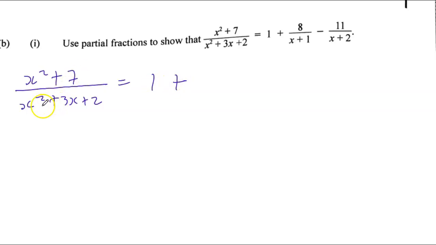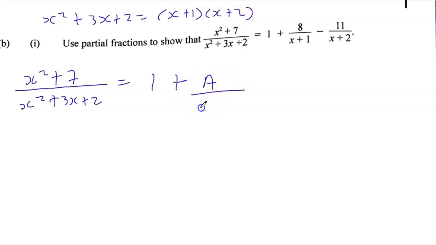If you factorize x squared plus 3x plus 2, it's x plus 1 times x plus 2. So these will be our denominators, so let me put a over x plus 1 plus b over x plus 2. Our job is now to show that the value of a is 8 and the value of b is negative 11.